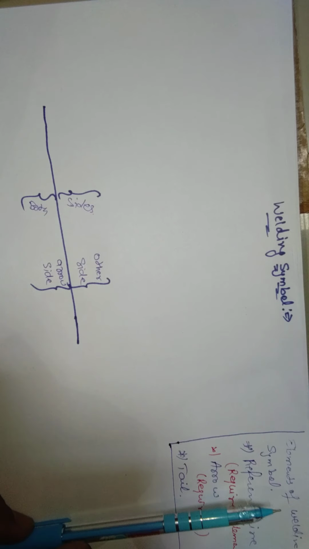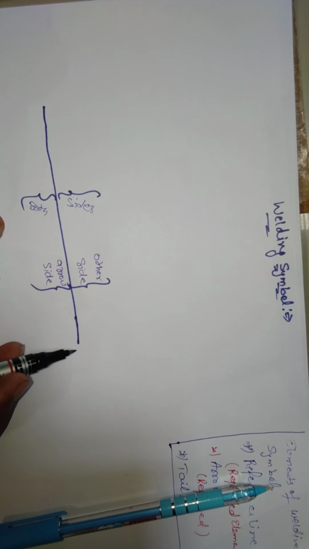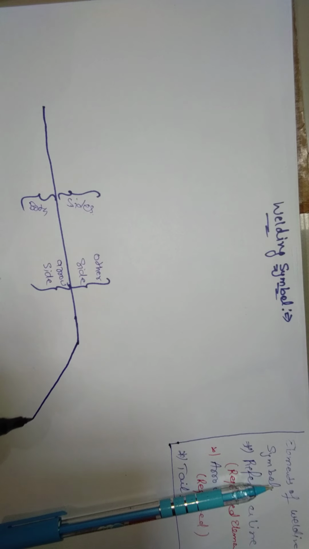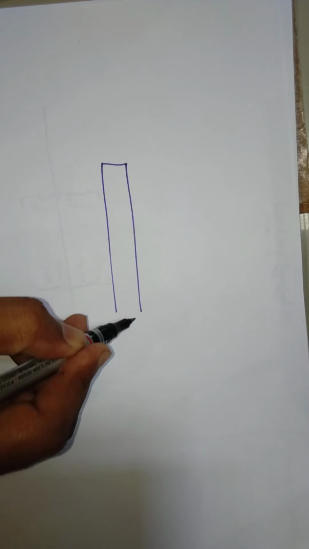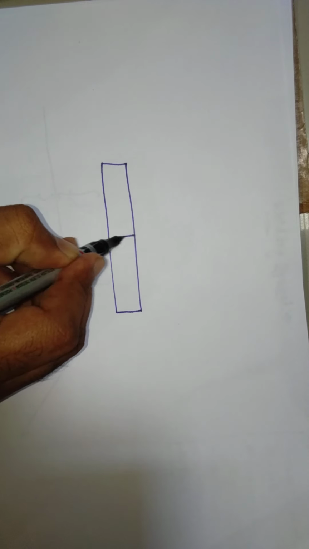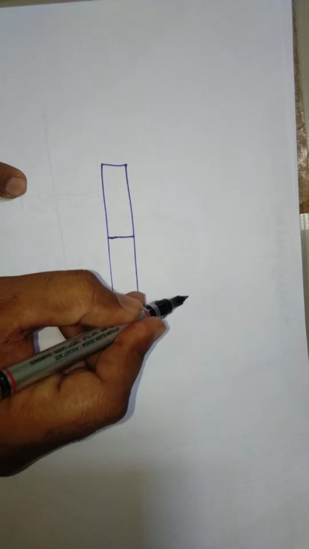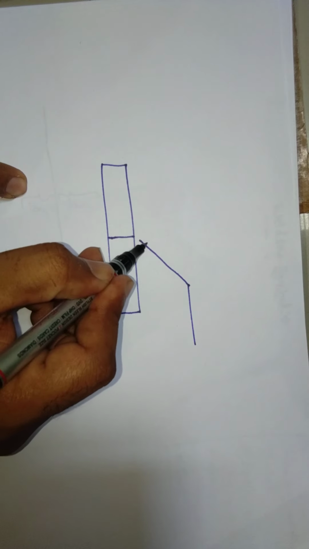Now we will discuss about arrow. Arrow is used to connect the reference line to the weld joint or area to be welded. Let us consider an example. First consider a butt joint, reference line, arrow.